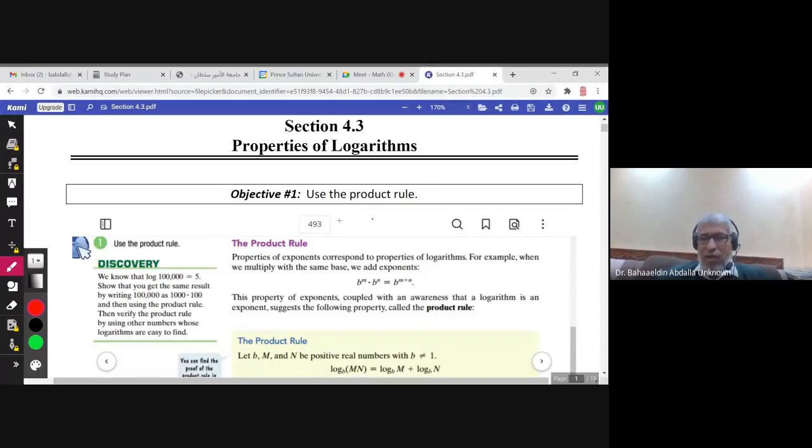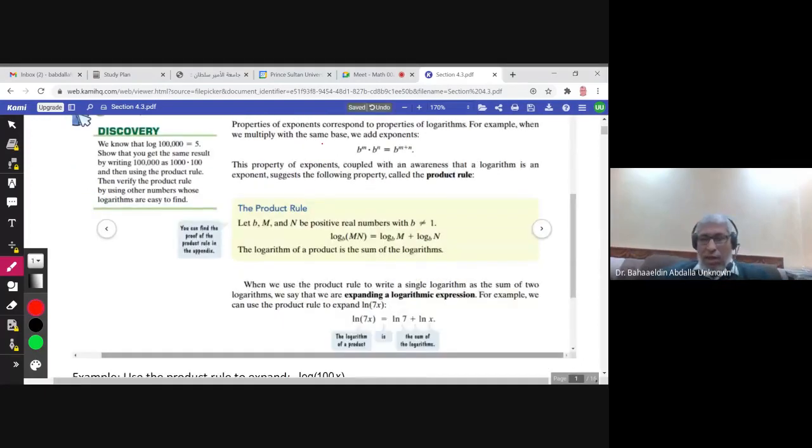The first one is the product rule. Try to understand what we mean by the product rule. If you have log of m times n, so this is product, to any base, you can write this as log m plus log n.